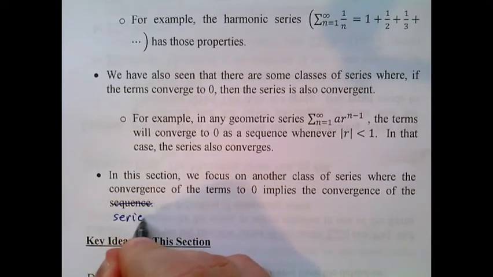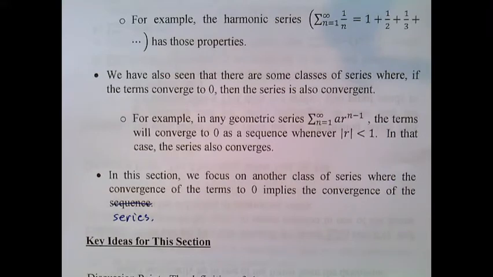I'll fix that in the posted file later. So what I meant to say is we're going to look at another class of series where the convergence of the terms to zero as a sequence also implies that the series converges. And that's a pretty nice thing to pick up on. The reason it's nice is because it's very often pretty easy to see whether or not the terms go to zero. So if there are some additional conditions that would allow us to say yes, the series will converge, then we're in pretty good shape.